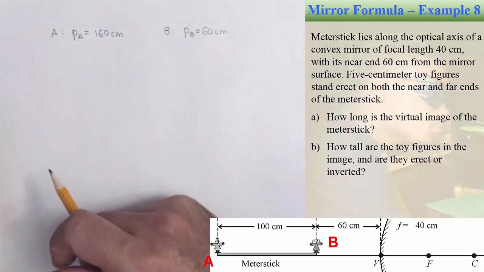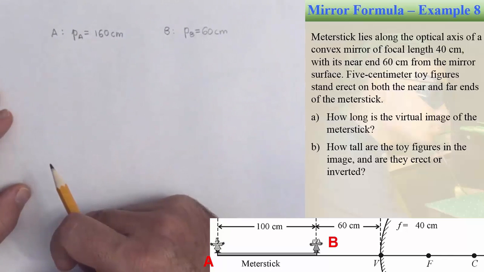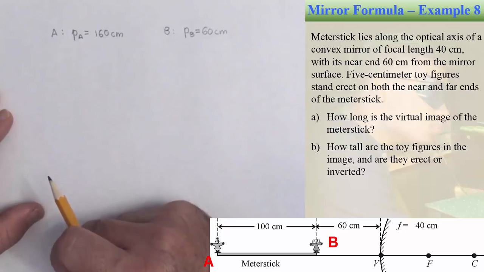According to the sign convention, both of these are taken with a positive sign since both toy figures are positioned to the left of the mirror. We also know that the focal length of the curved mirror is 40 centimeters.